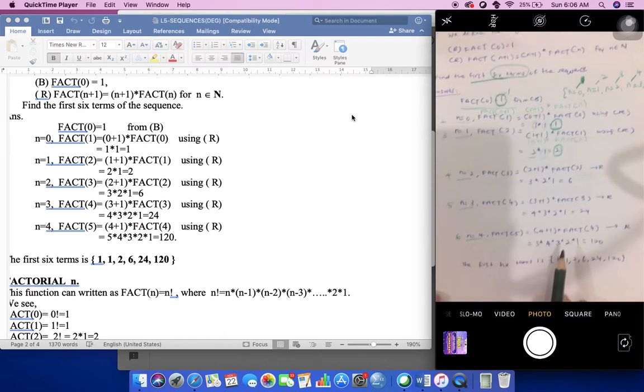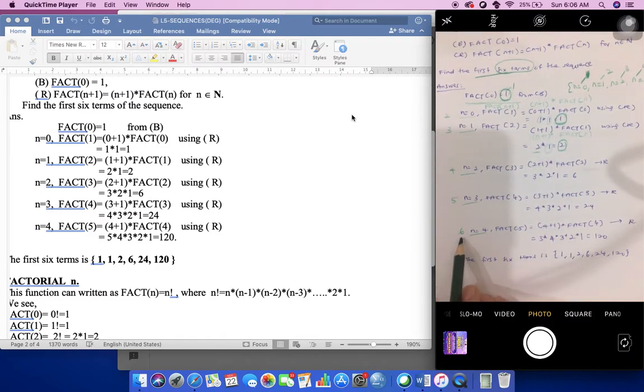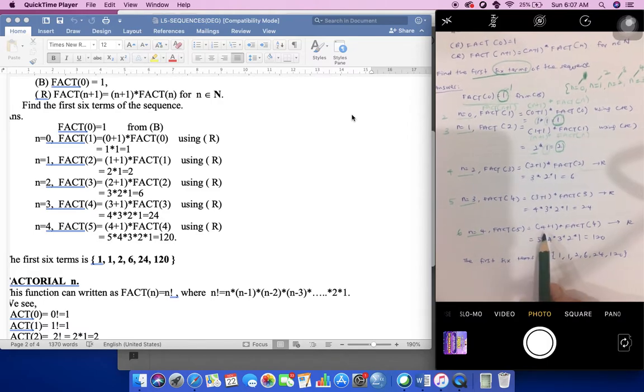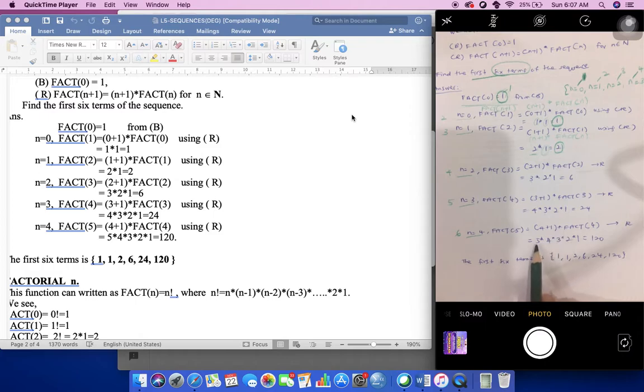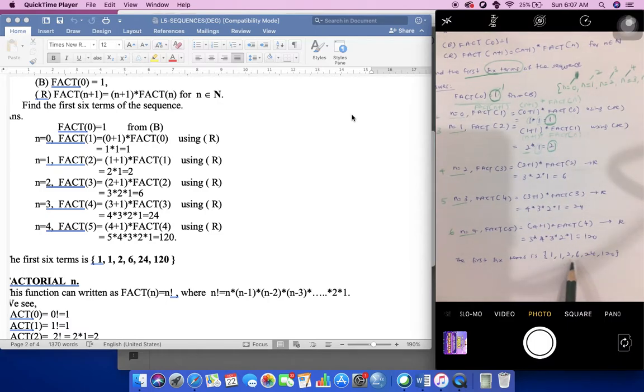And then for the sixth term, n equal to 4, factorial 5. 4 plus 1 is 5, factorial 4. 4, 3, 2, 1, so we will get 120. So the first six terms are 1, 1, 2, 6, 24, 120.